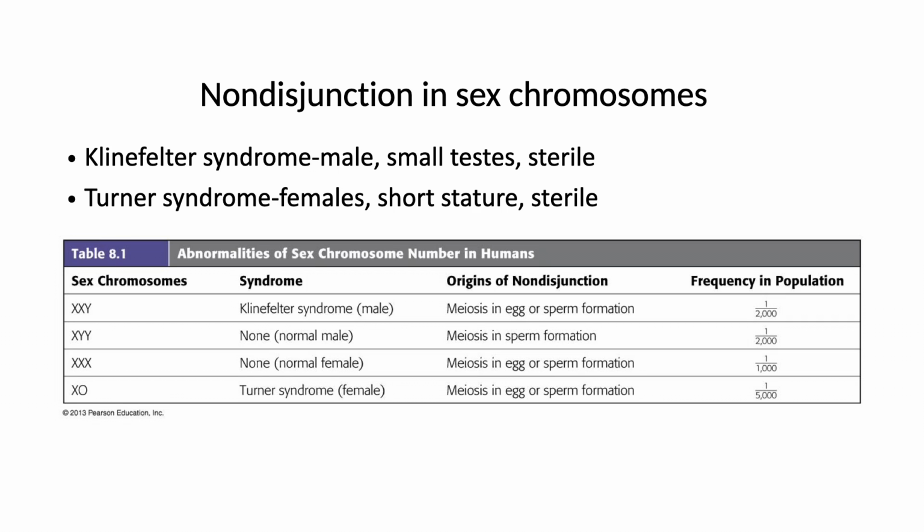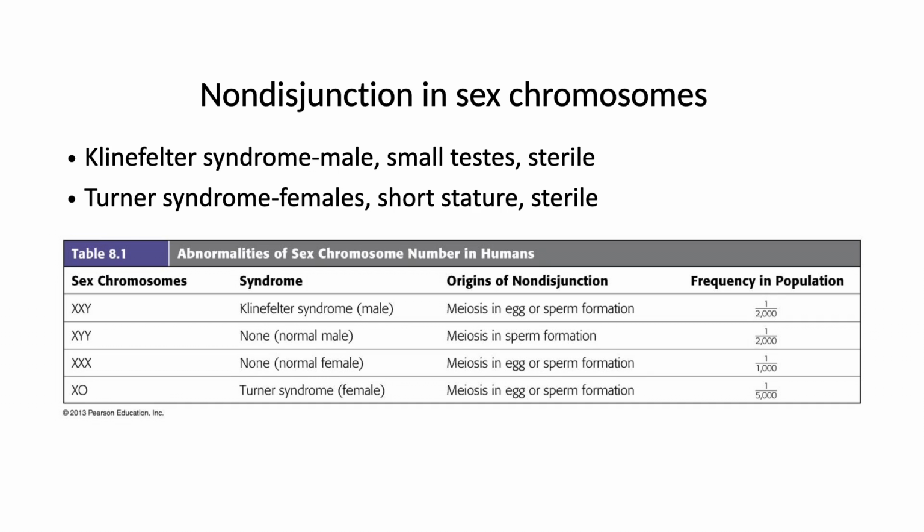They may have small or missing reproductive organs, but in the case of a woman or a man, these might not be really obvious until puberty occurs, or until they're missing their period, or can't get pregnant. And so something like 1 in a couple thousand births are Klinefelter syndrome males.